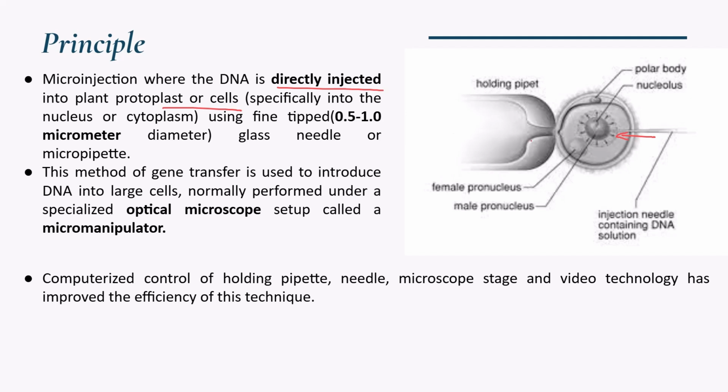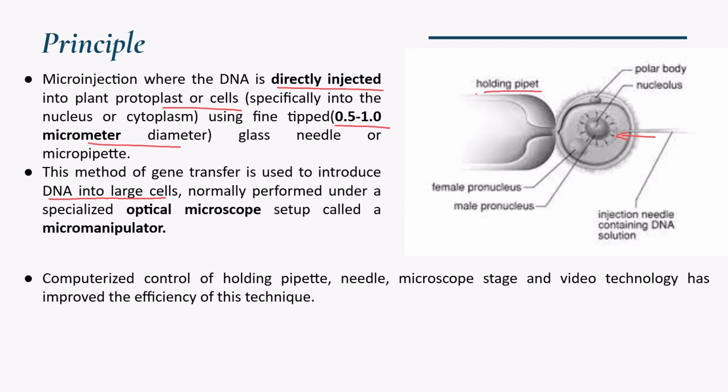Okay, so here we have this microinjection, that is our glass needle, which is about 0.5 to 1 micrometer in diameter, which will be injected into the cytoplasm of our cell. So it is used to incorporate or inject DNA into large cells, because only large cells can be held by a holding pipette.